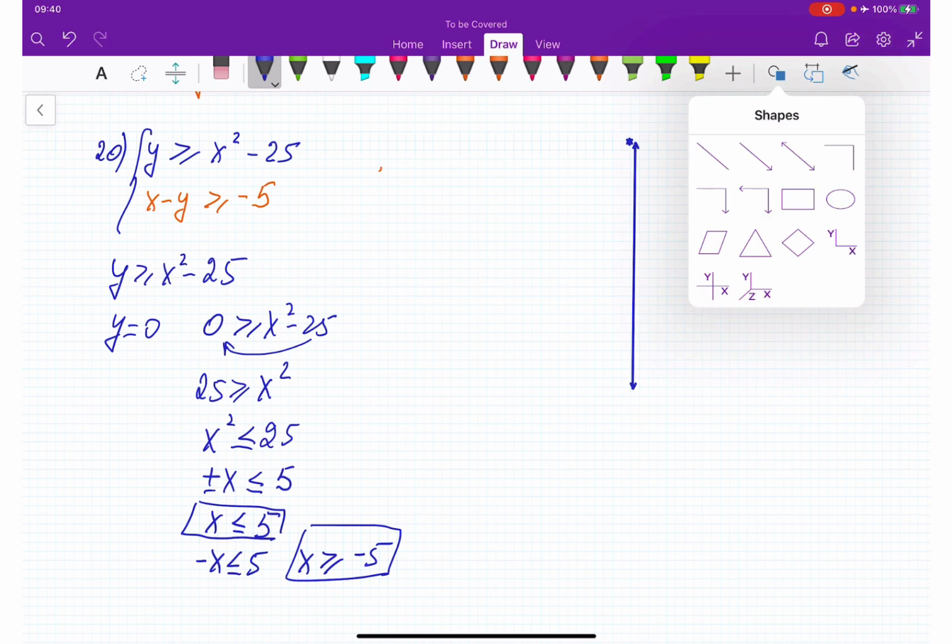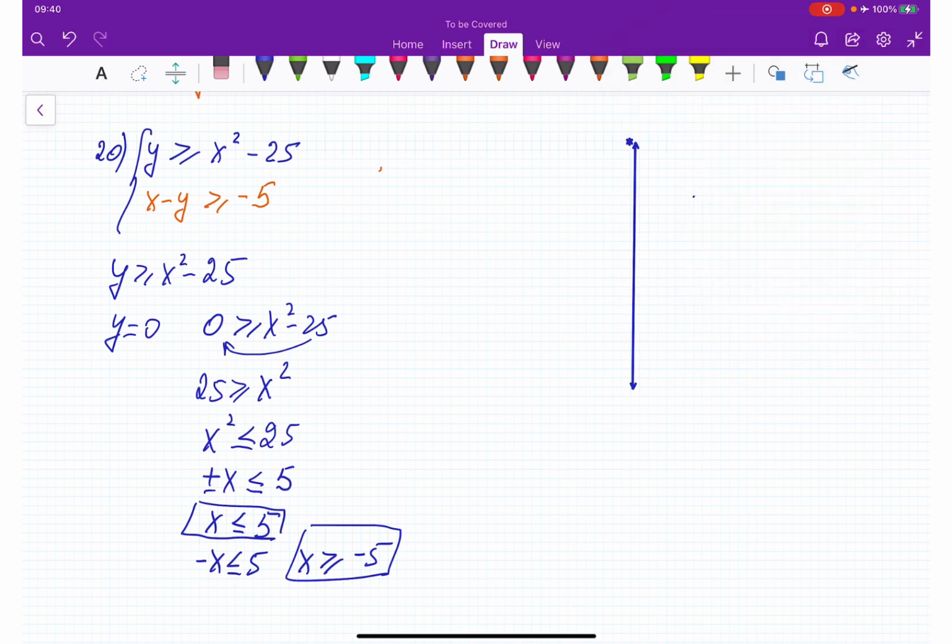First one, this is second one. So we have negative 5 and positive 5. 1, 2, 3, 4, 5. 1, 2, 3, 4, 5.